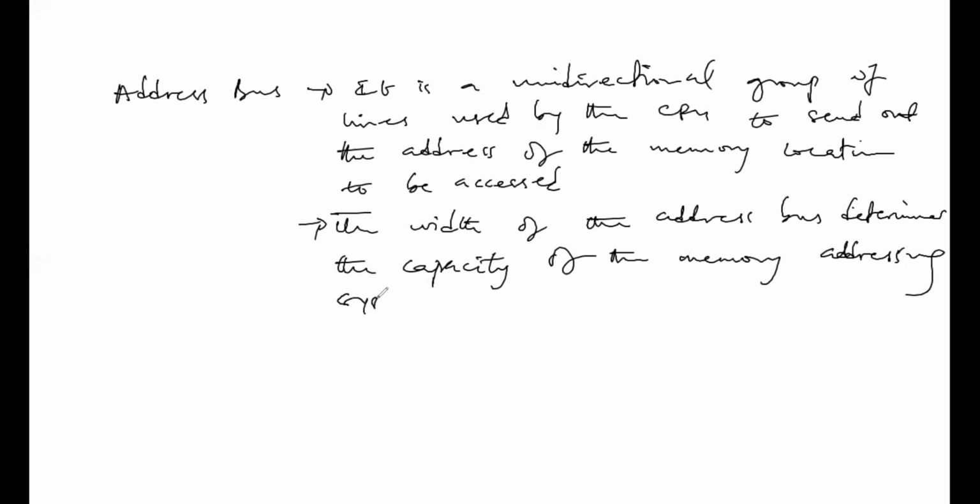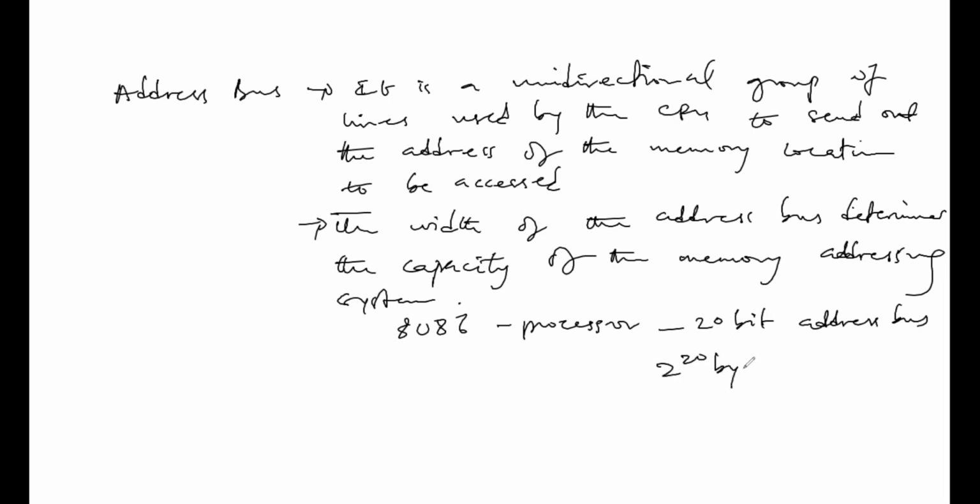Okay. So if we consider the 8086 processor, for instance, it has a 20-bit address bus. Okay. So in other words, the physical memory of this processor can be addressed up to 2 to the power of 20 bytes or 1 MB.